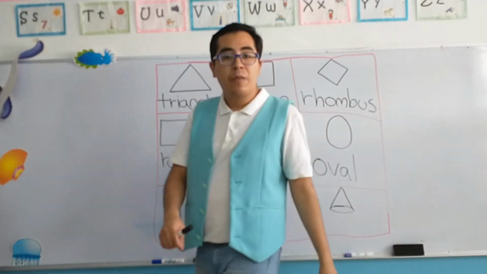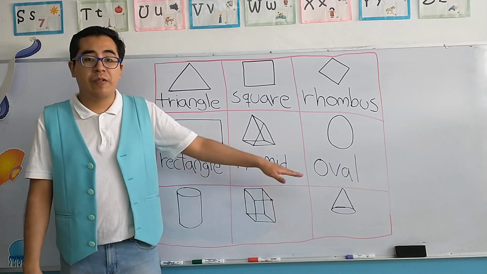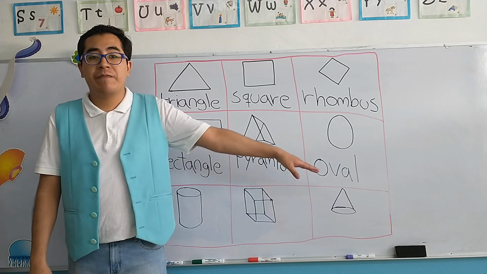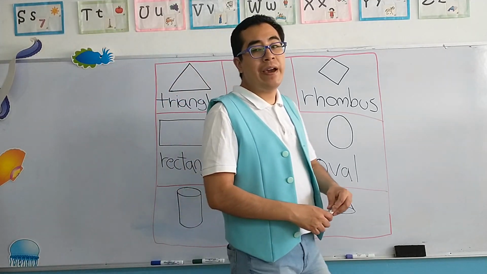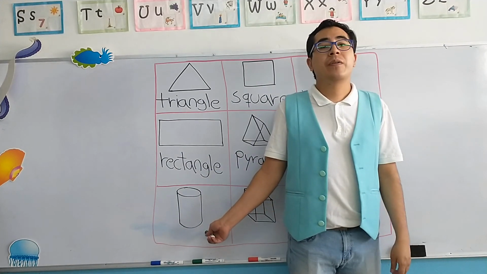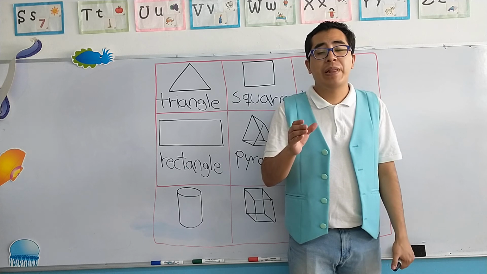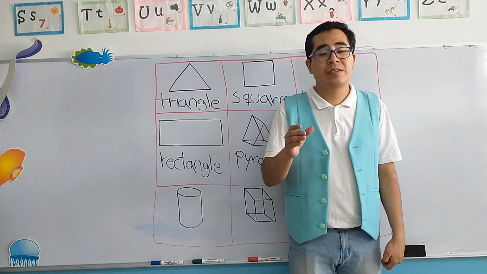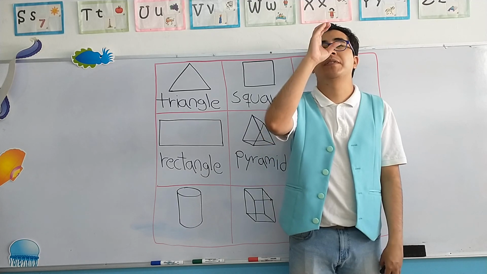Let's continue with the third row, third and final row. Vamos con la última fila. So, the geometric shape that I have right here, okay, has the shape and form of a glass, a plastic or a crystal glass, which is an object that we use to drink a liquid.